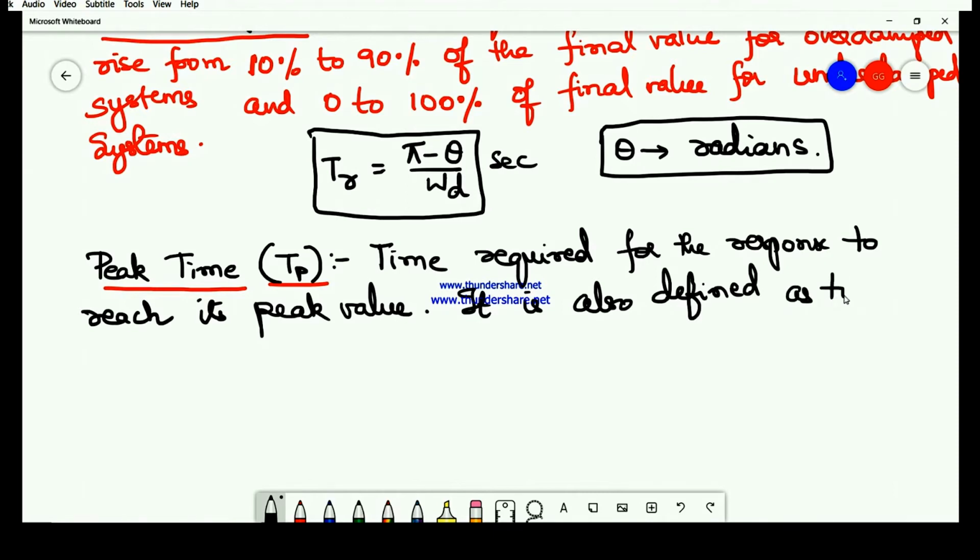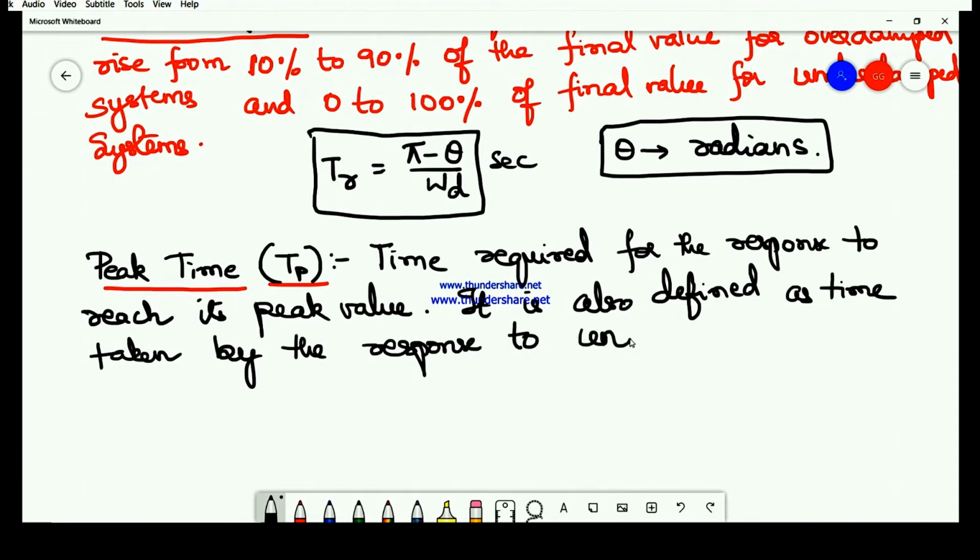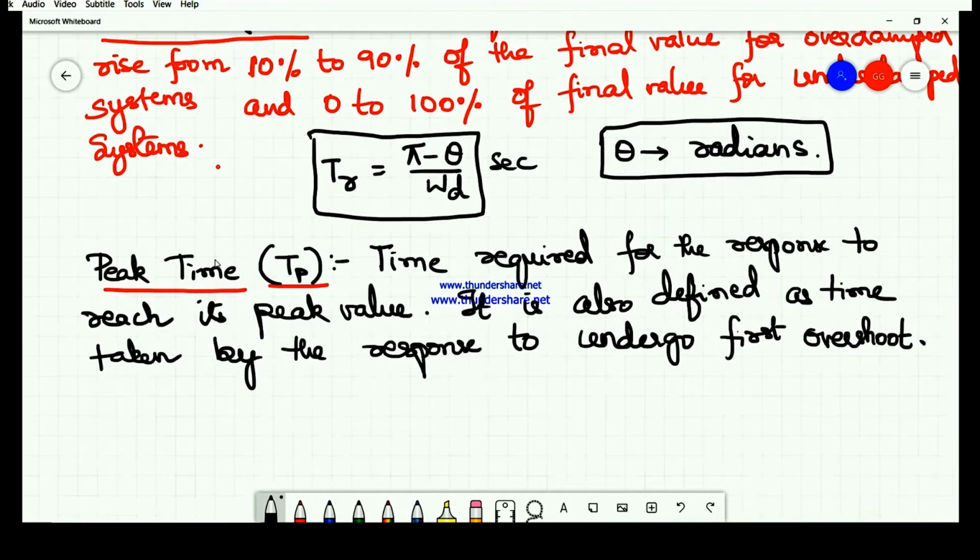It is also defined as the time required or taken by the response to undergo the first overshoot. Okay, that is the peak time.